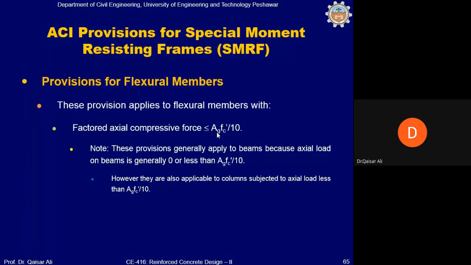So the galvanized iron roofing system with the trusses will have very little load, and these loads, when transferred to columns, will be generally less than the 10% axial load capacity of the column. So in those very special cases, a column will be called a flexural member, and these provisions will be applicable to the columns. However, generally speaking, in 99% of cases, these provisions are applicable to beams. Okay.